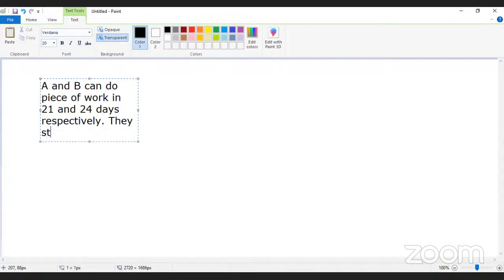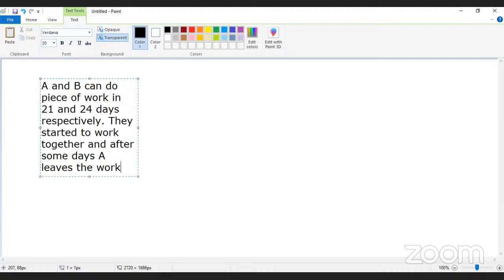They started to work together and after some days A leaves the work, and B completes the remaining work in 9 days.